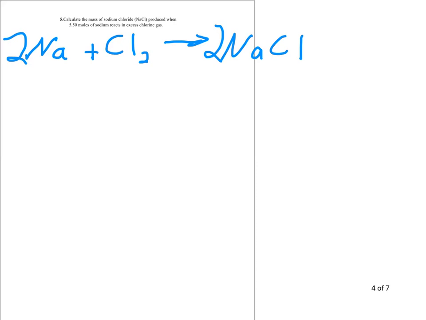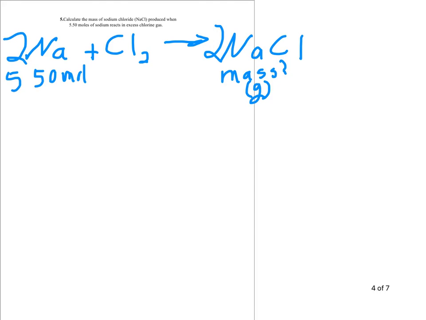And they said, produce the mass of sodium chloride. So they said mass question. That means we're looking at grams, from 5.50 moles of sodium. So this time we're going to have to bring in a molar mass to be able to change moles into grams.